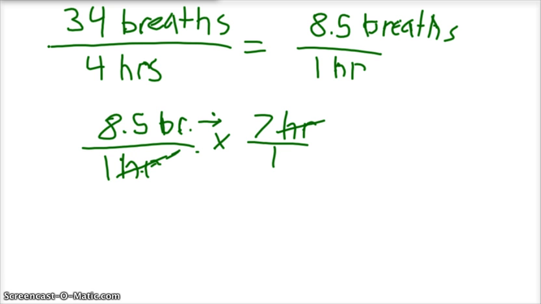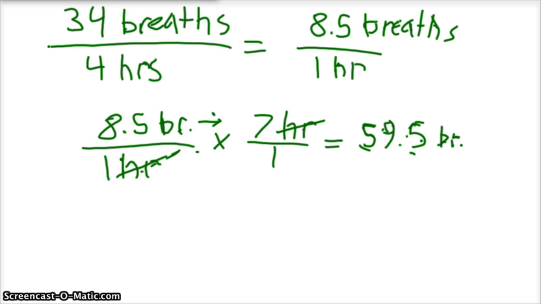So then we just have 8.5 breaths times 7, and that gets us 59.5, and we're left with just breaths, BR. That's our answer: about 59 breaths over 7 hours. That's how many it would take.